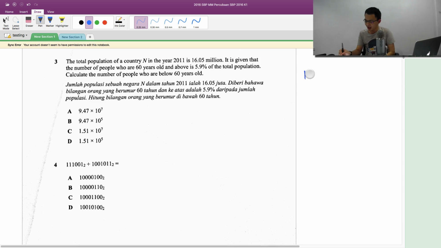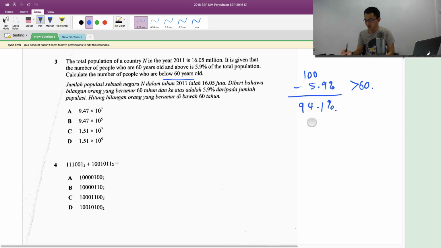So of 100%, we have 5.9% who are over 60 years old. I want to know who are below 60 years old, so I use 100% minus 5.9%, and I will get 94.1%. If my math is okay, I guess it should be correct.